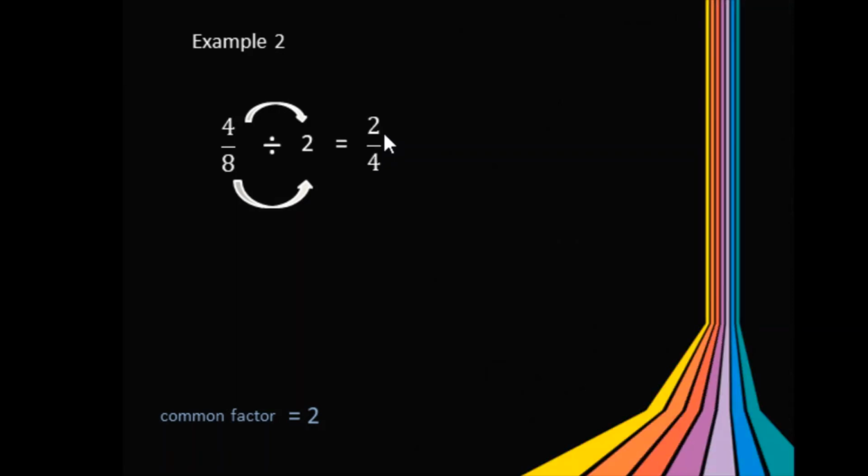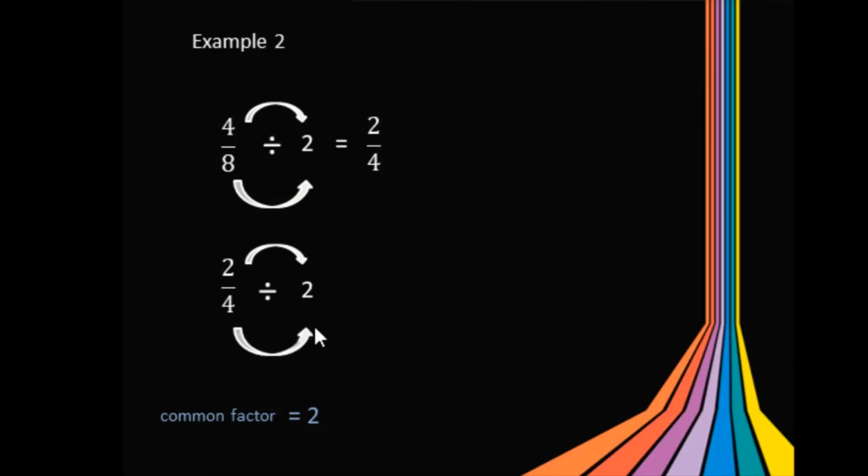Okay, we have 2/4. Now, 2/4 can still be simplified, right? So we copy 2/4 over here and divide it again by 2. So it becomes 2 divided by 2 and 4 divided by 2.